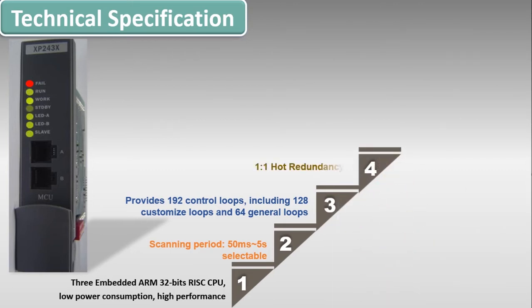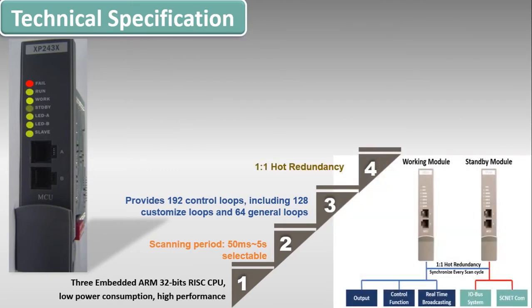Then we have one-to-one hot redundancy which our controllers support. In one-to-one hot redundancy, we have two controllers, one working controller and one standby controller. Both of these controllers are getting values from the I/O bus system, means field, and SCNet communication, means workstation, every time.